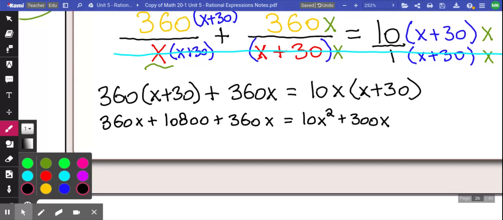After I expanded, I recognize, hey, this is a quadratic, so I need to move everything over to the right. When I do that, I'm going to have 10x squared. Then I have 300x minus 360x minus another 360x.